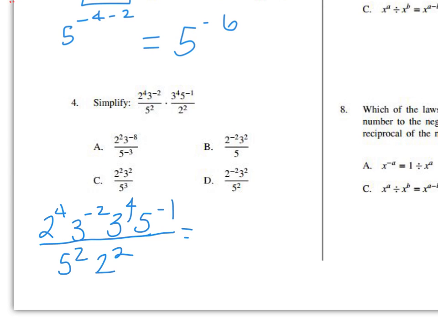I have like terms here in my numerator. If I'm multiplying, what do I do with my exponents? We're going to add. So that simplifies to 2 to the 4th, 3 to the, what's negative 2 plus 4? 2. 5 to the negative 1 over 2 squared, 5 squared.